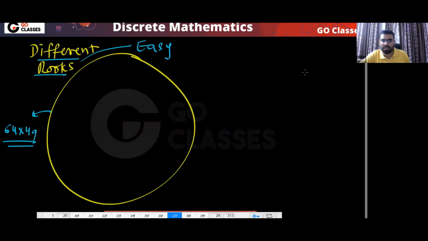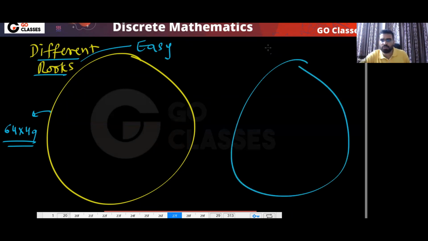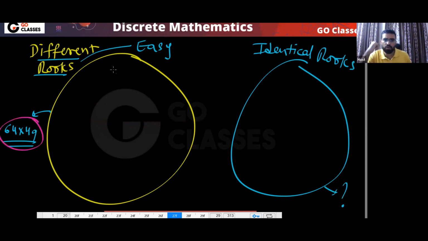But what is the question actually asking? It is asking about identical rooks. So how many? You already know this answer, and what you can do is create a 2 to 1 correspondence.